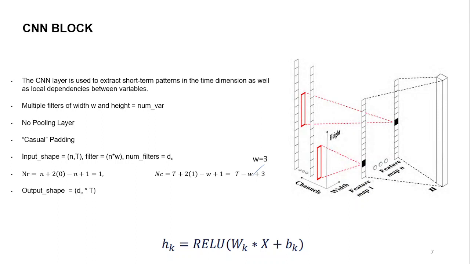The padded input matrix is then convolved with multiple filters of dimension n by w to give an output shape of Vc by T, where Vc is the number of filters applied to the input data. The output of each feature map is passed through the ReLU activation function, which is Wk convolved with X, the input matrix, plus bias.